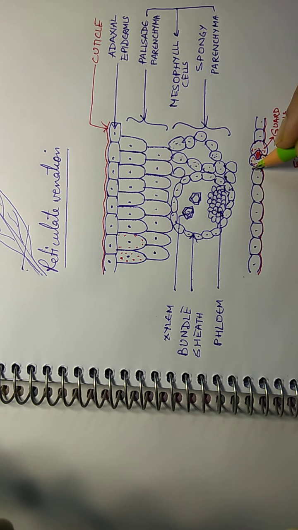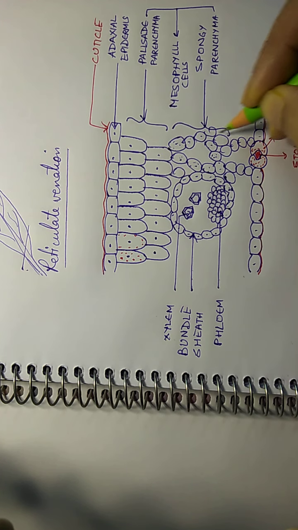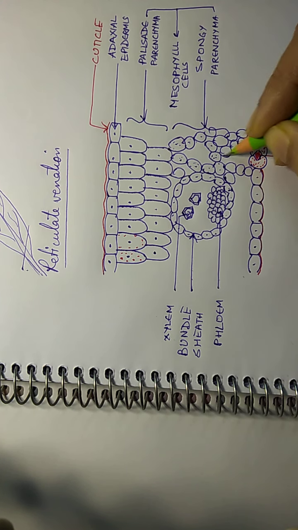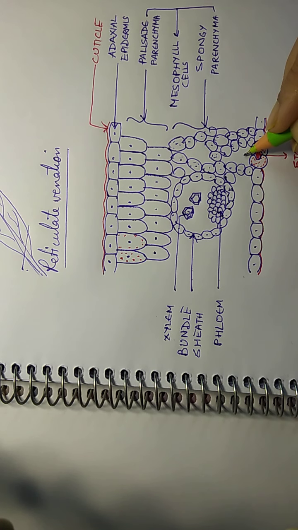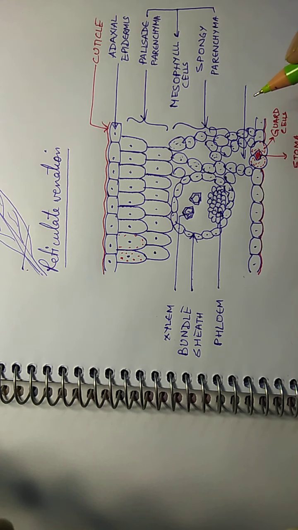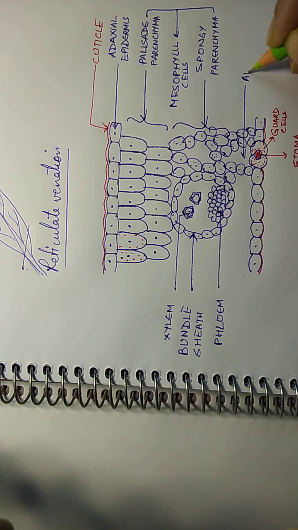Just above the stomatal pore, the mesophyll cells are arranged to keep some spaces. These spaces are called air cavities. Why are they present just above it?